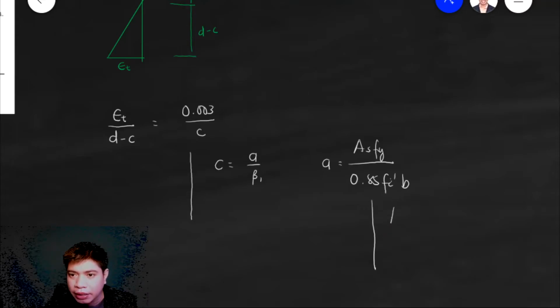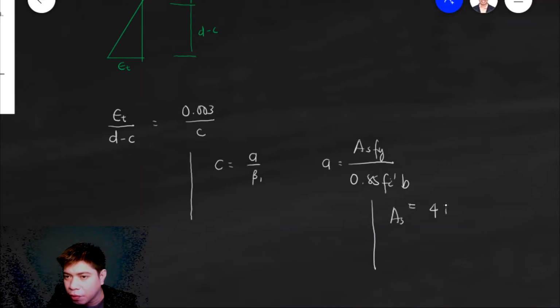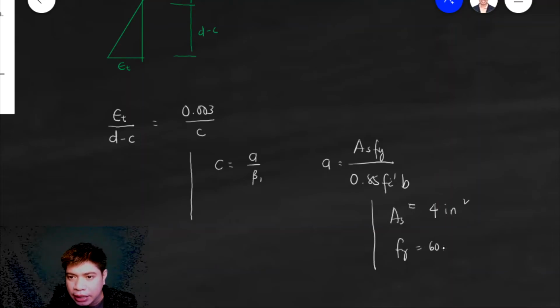Of course, nakuha natin kanina yung As natin. At yung As nga natin is 4 square inch, kung naalala nyo yun. fy natin is 60,000. This is in psi, pounds per square inch.